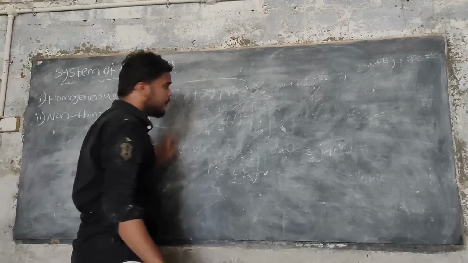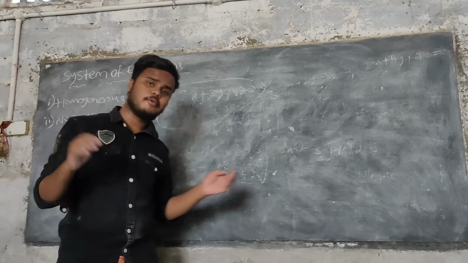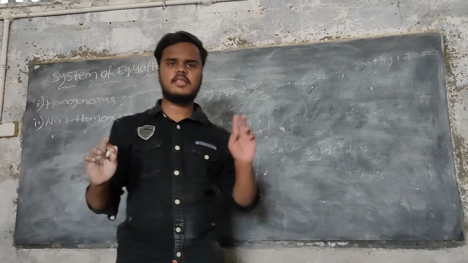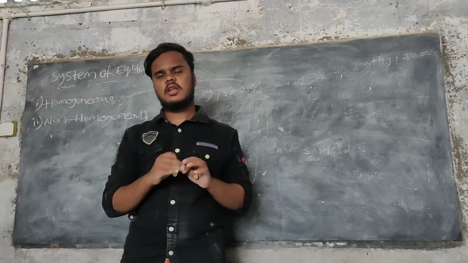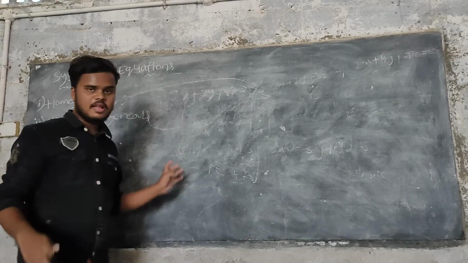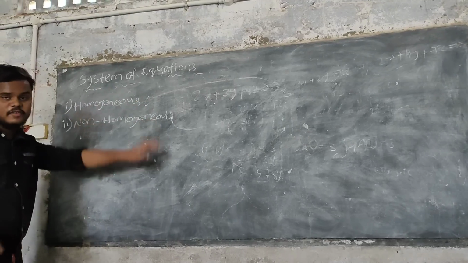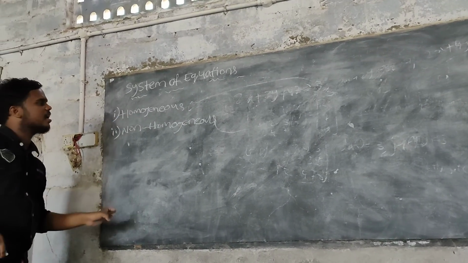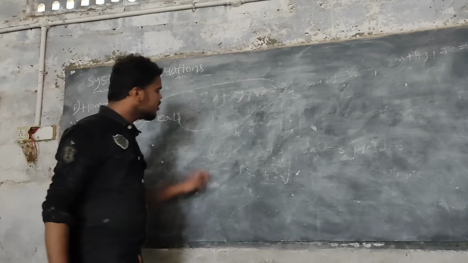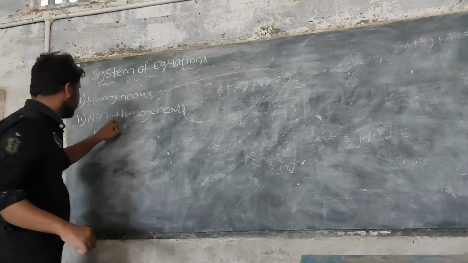Before going to the topic, I want to recall what we have discussed previously. We have discussed two methods in M1, echelon form and canonical form. Now we are discussing the third subtopic, system of equations. In this we have two cases: homogeneous and non-homogeneous. Now we are discussing non-homogeneous.